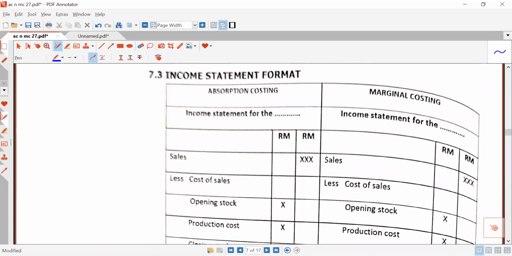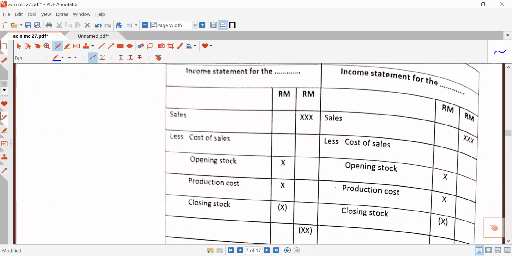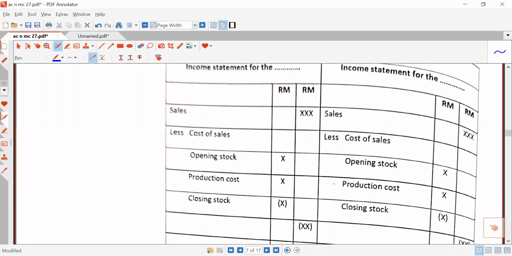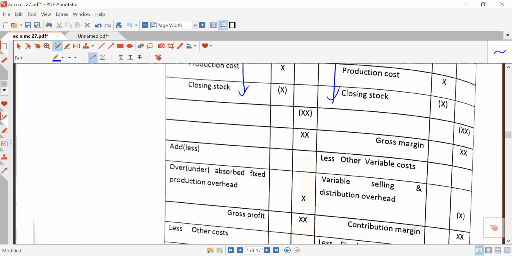Now, these two formats, this is one for absorption and this is for MC. I believe this format is what you have done in your financial accounting. If you see, both are the same, basically this part is the same. It's just that here under MC, we have what is called gross margin instead of gross profit.